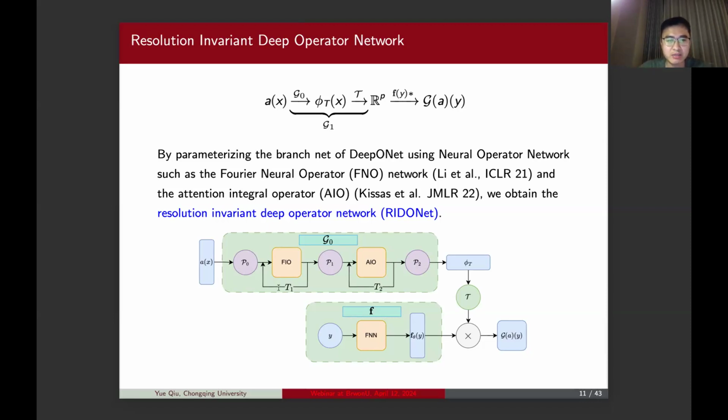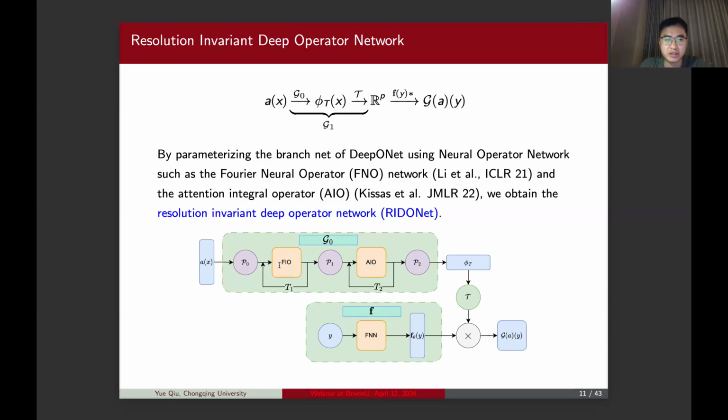Inside this part, we use two different structures. The first is this Fourier integral operator, and the second is the attention integral operator. Actually, it is not really necessary to use both. You can just use either one.